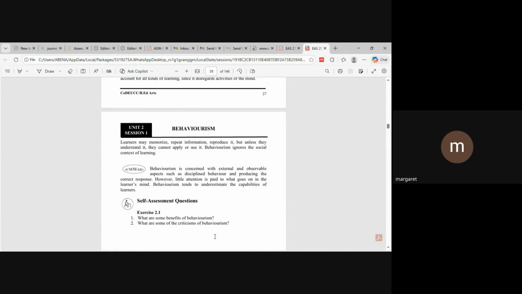So that is what we mean by behaviorism. We said that it is built on the tenet that learning should be observable. Learning occurs when a stimulus is provided, and then we ensure that the stimulus produces a response. Now, to produce the response, you have to repeat the action, and repeated action leads to habit formation.